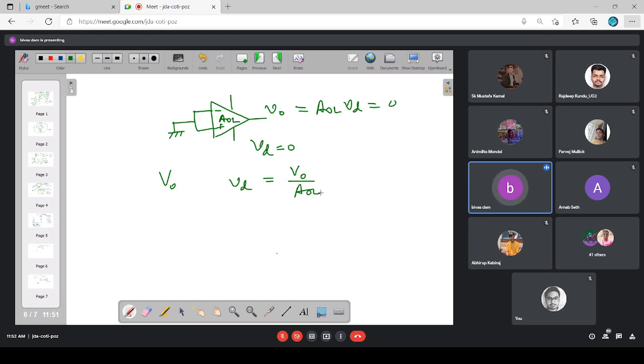Externally, I have absolutely zero input difference voltage by connection. But to establish some physical meaning of that non-zero output voltage, I am forced to think of one DC source of voltage having this magnitude internal to the circuit. So this is my practical operational amplifier configuration.